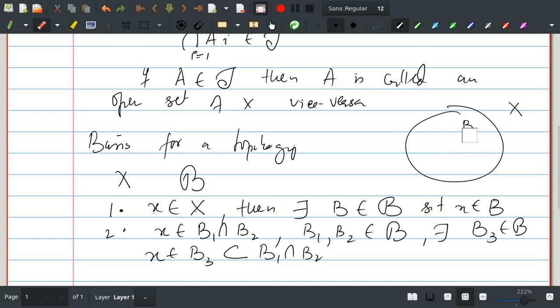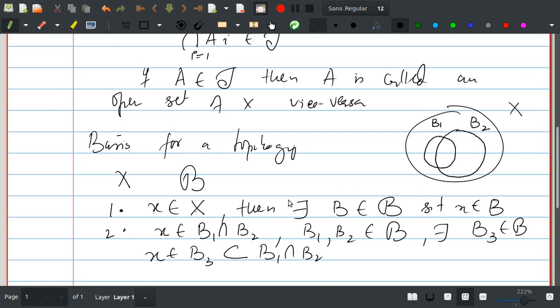So suppose we have two elements, say b1 here, and another element, say b2. Now we have this condition that this x is in b1 as well as in b2. So suppose this is our x, so note that this x is in b1 and b2.